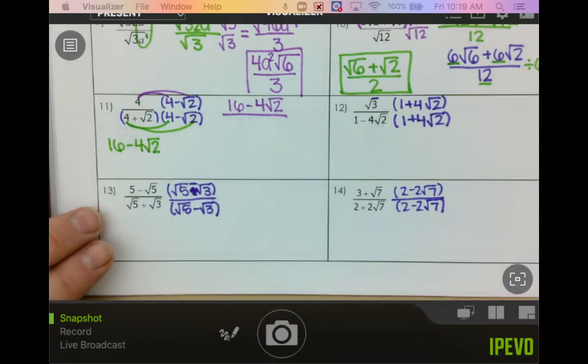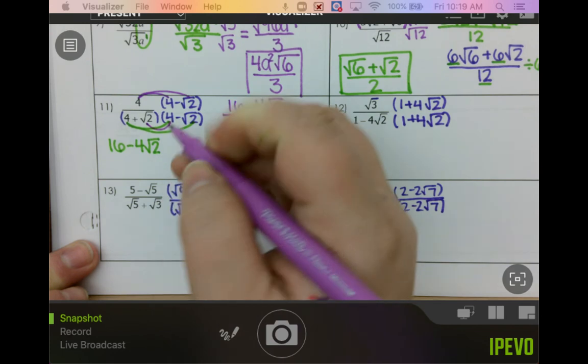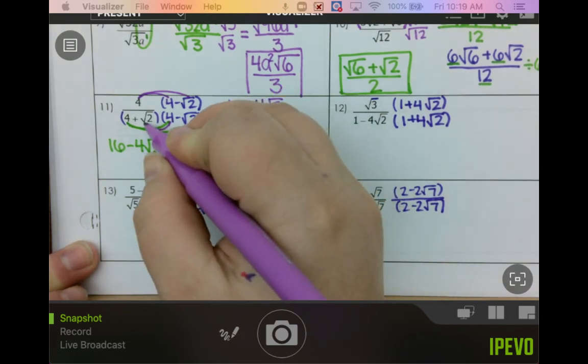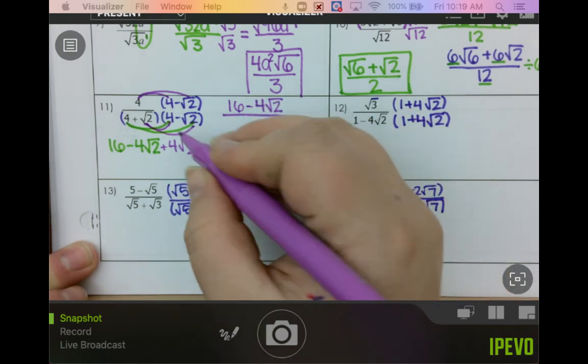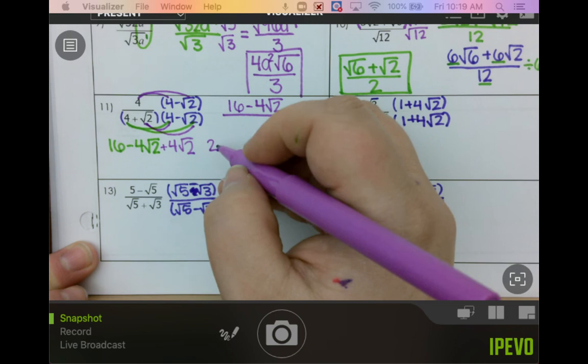And then I'm going to do the same thing, but square root of 2 times 4 is 4 square root of 2. Square root of 2 times negative square root of 2: when you multiply it by itself, the square root goes away, but a positive times a negative is a negative.